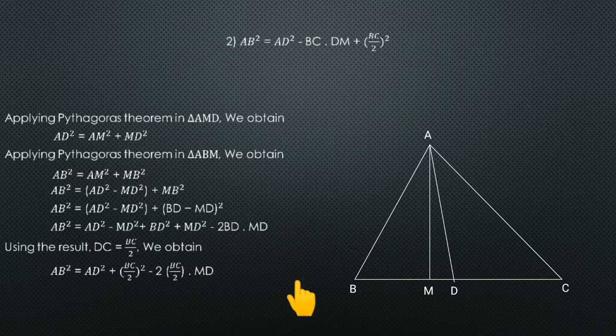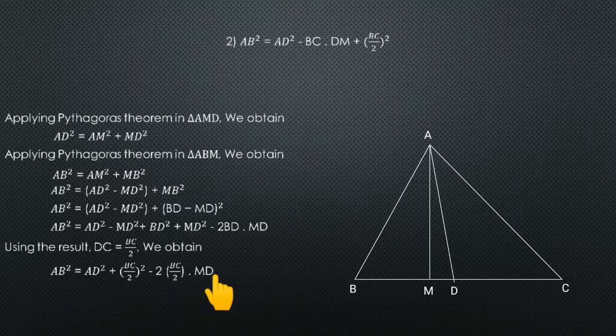Now again we are using the result that AD is the median of BC, therefore D is the midpoint of BC. Instead of BD, we can write BC by 2. Therefore, AB square is equal to AD square as it is, plus BC by 2 whole square, minus 2 into BC by 2 into MD.